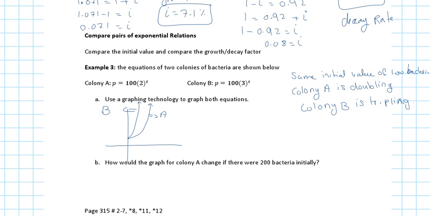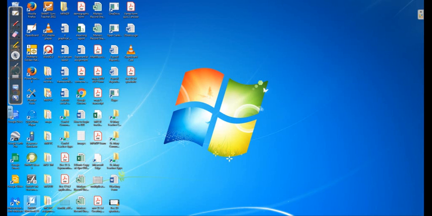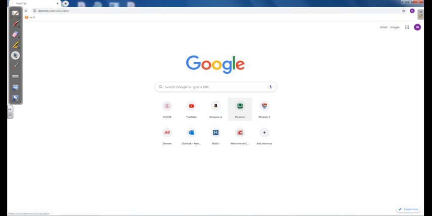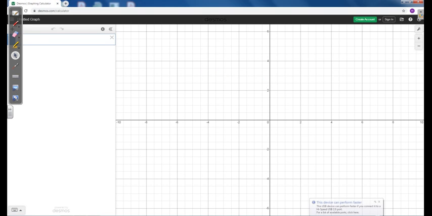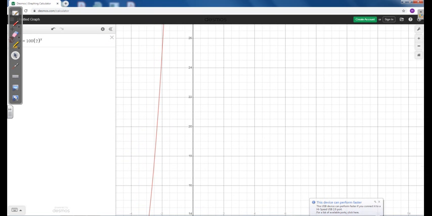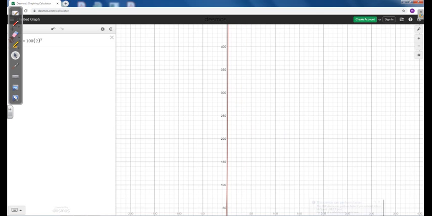Okay? Now if I use decimals and I graph the two, so this is the first colony. Is it ever going to end?